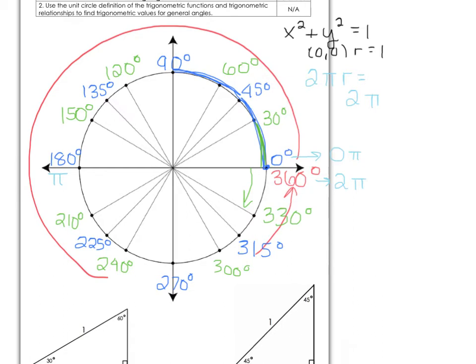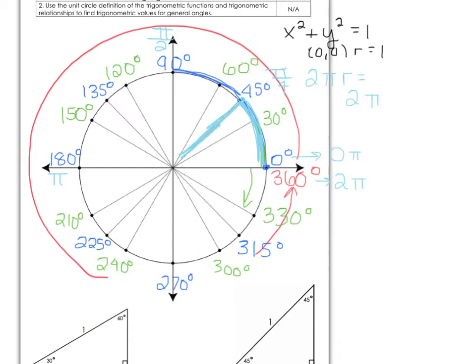Well, half of 180, which would be 90 degrees, is half of pi, which would be pi over 2. Half of 90 degrees is 45 degrees, and half of pi over 2 would be pi over 4. Okay, so now we're going to use this increment of pi over 4. Okay, so that's this piece of the pie here.